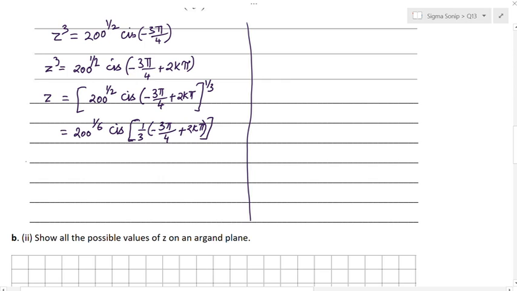So first one, when I take k equals 0, I'll call that root 0, and that will be equal to 200 to the power 1 over 6 cis 1 over 3 of minus 3 pi over 4, or I can write it like this. That's my first root.